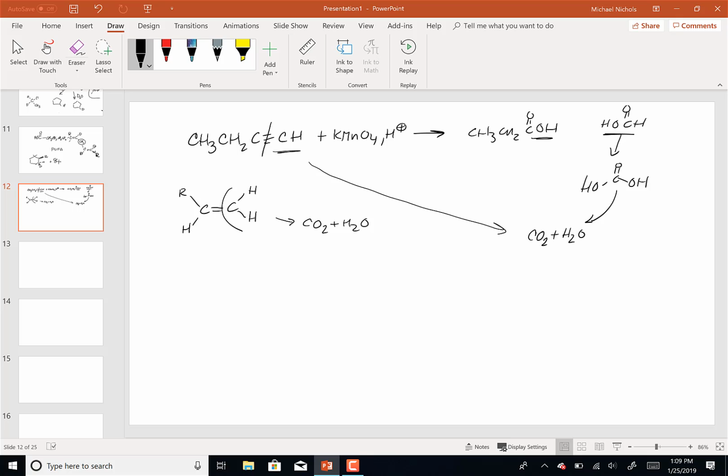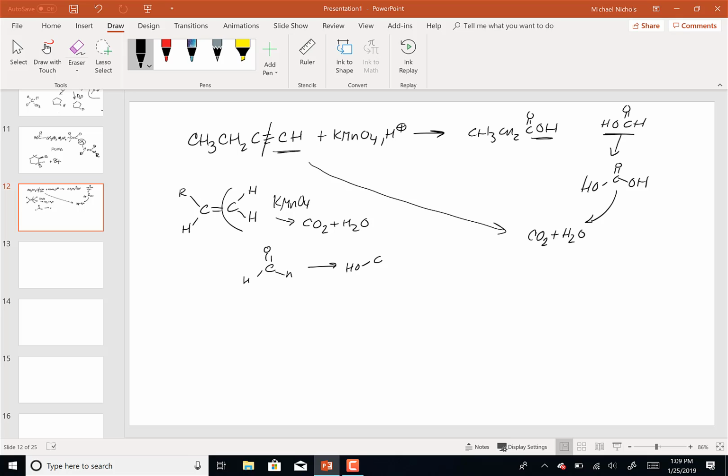The problem is this is formic acid, and formic acid can be further oxidized to carbonic acid. So last semester, when we looked at terminal alkenes and we oxidized those with KMnO4, what we found was this part became CO2. Right? Because what we said was that formed formaldehyde, and then the formaldehyde was oxidized.